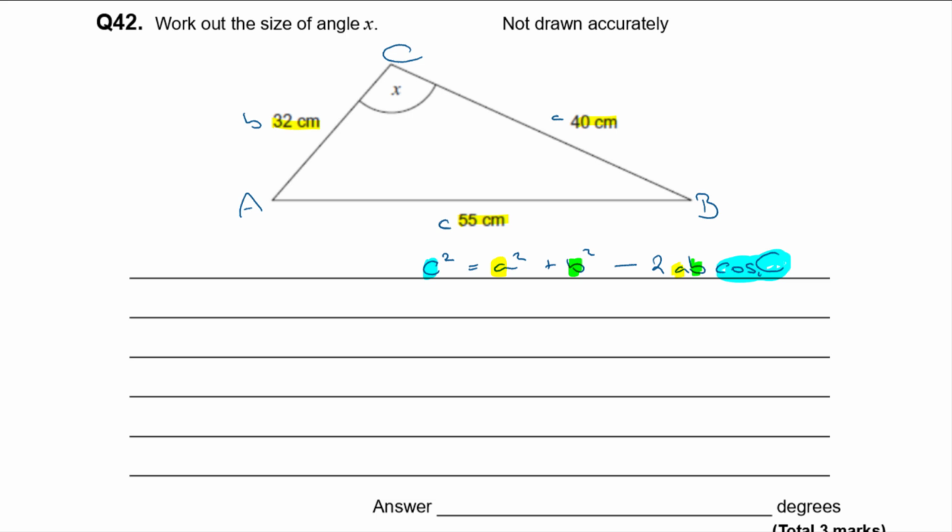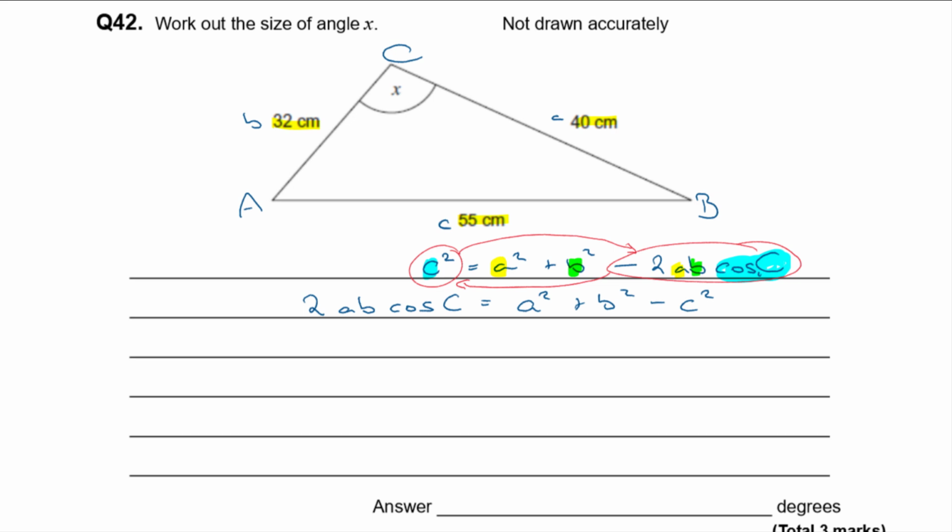So taking that minus 2ab cos c to the other side to make it positive, I get 2ab cos c, and moving the c squared over to the other side, I'm going to get a squared plus b squared minus c squared. Okay, so I've just shimmied all of this over here. Look, changing sides, the minus 2ab cos c became positive and the c squared became negative.